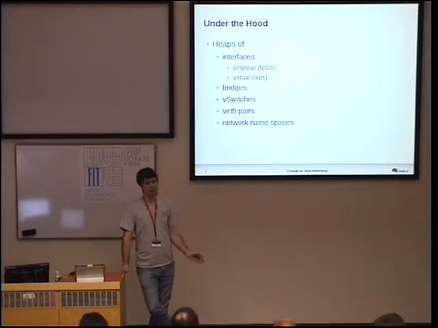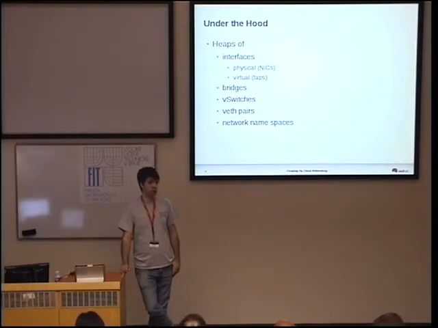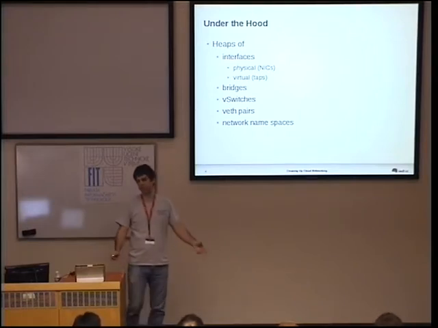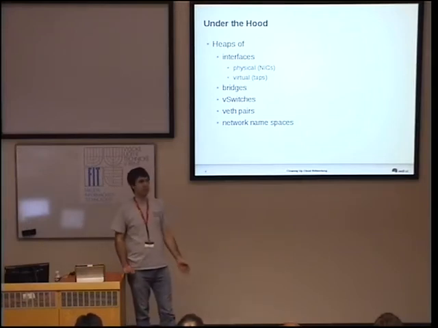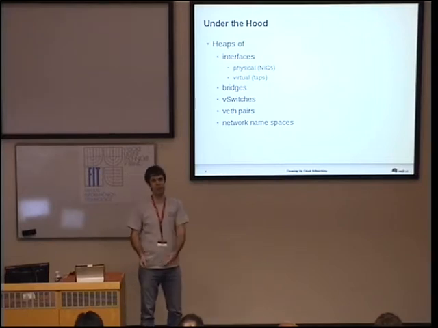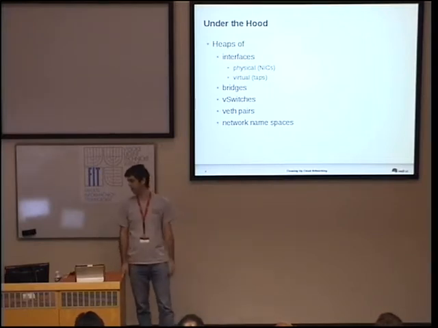All of this stuff is connected into bridges with some really weird hierarchy. The bridges could be Linux bridge or Open vSwitch or other virtual switches. And this stuff is also connected with so-called veth pairs. That's some kind of link between two different bridges or namespaces or whatever. And the stuff is in different namespaces. You can have one bridge in this namespace, other bridge in that namespace, and like that. So it's quite complex.